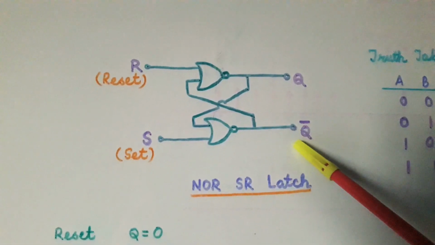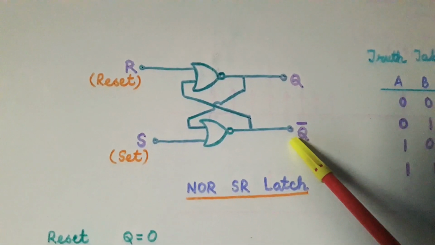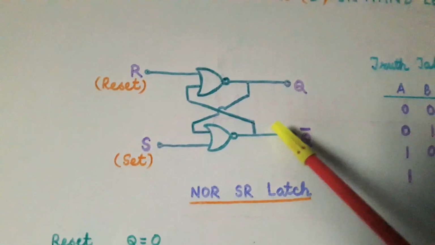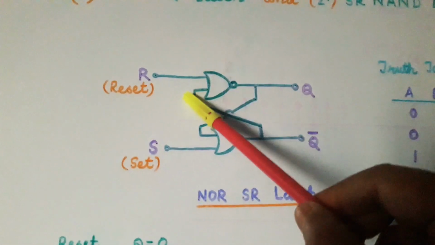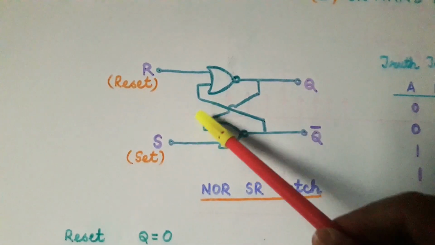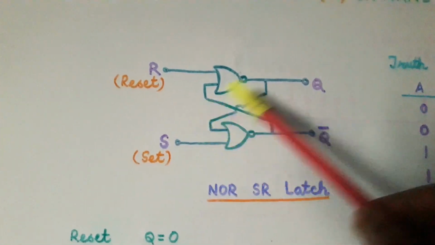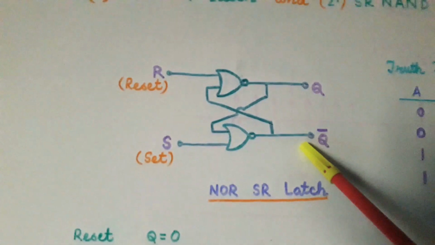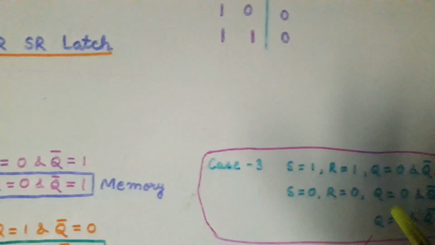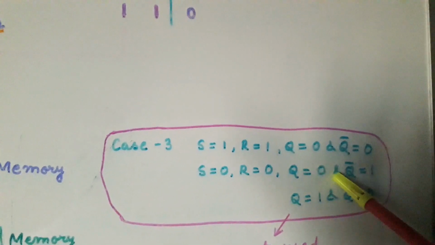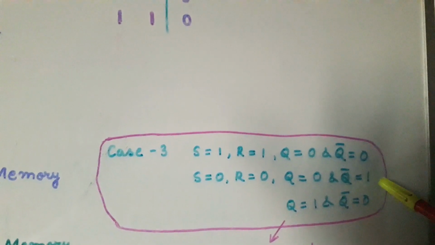Now let Q1 be equal to 0. Then in this case 0 and 0 will give 1. Similarly 1 and 0 will again give 0. So in this case we find that when S is 0 and R is 0, we are getting Q equal to 0 and Q bar equal to 1.